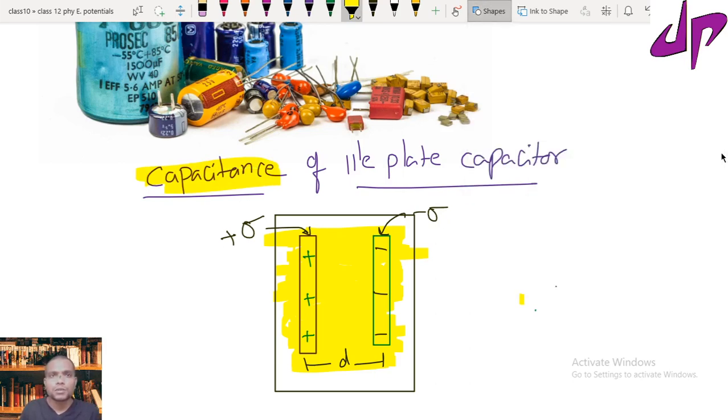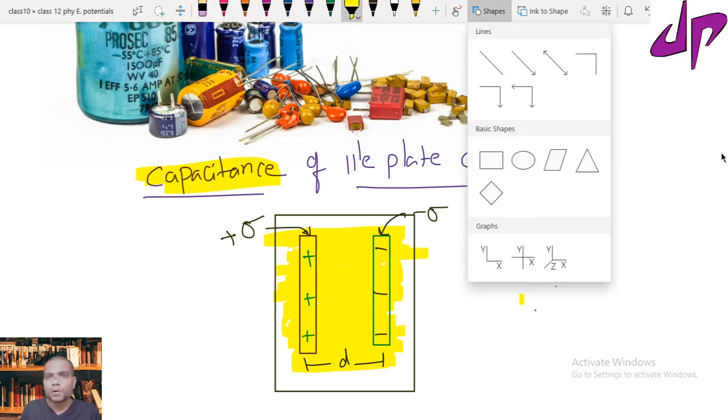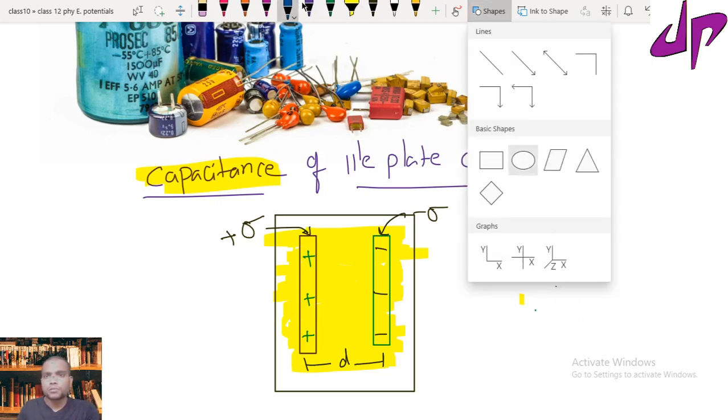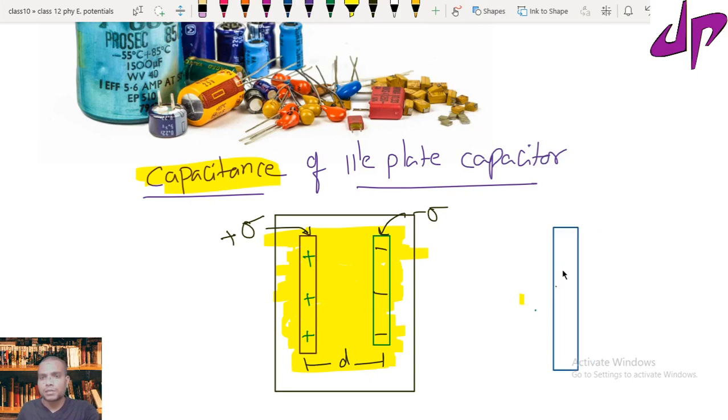For that, let me recall our previous knowledge. Suppose I draw a positively charged plate. By using Gauss's theorem, we derived the electric field in this region.